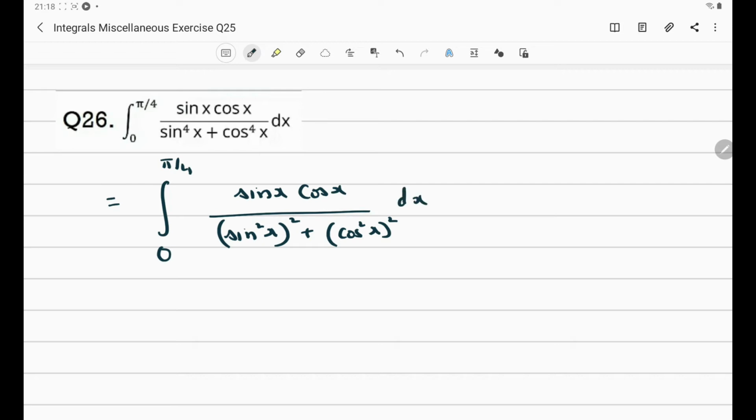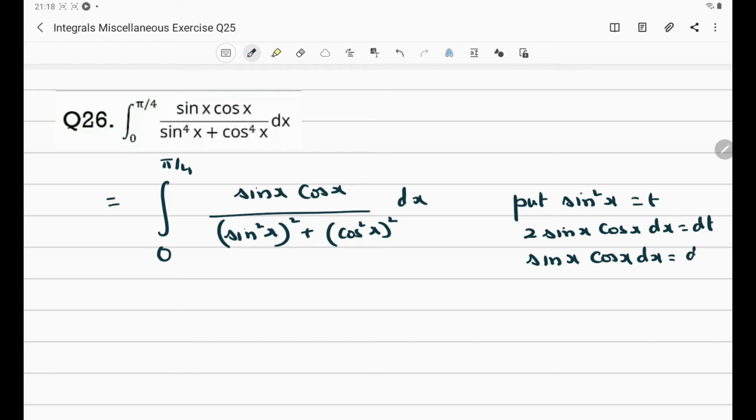So, if we put sin square x as t, we get 2 sin x cos x dx equal to dt. So, we can write sin x cos x dx equal to dt by 2.